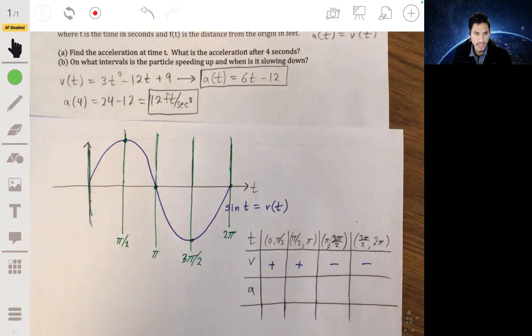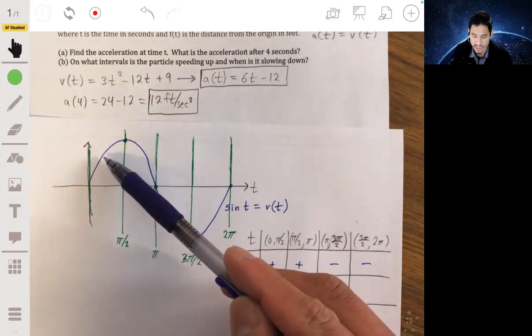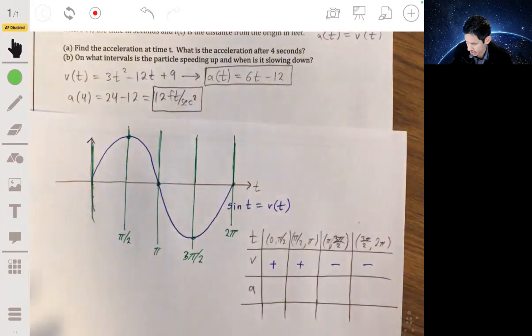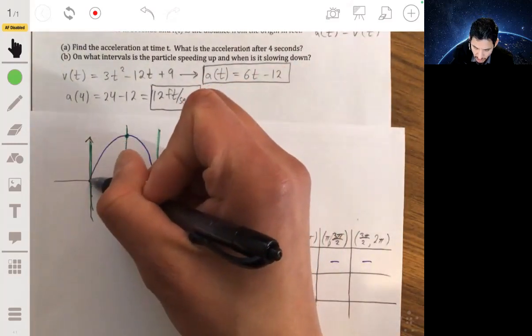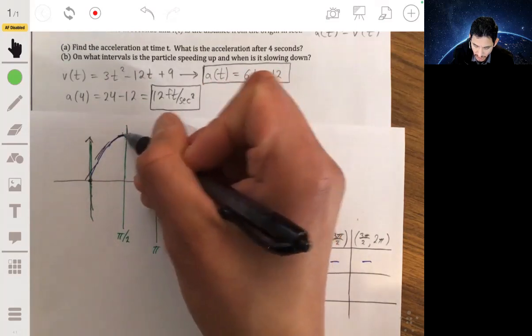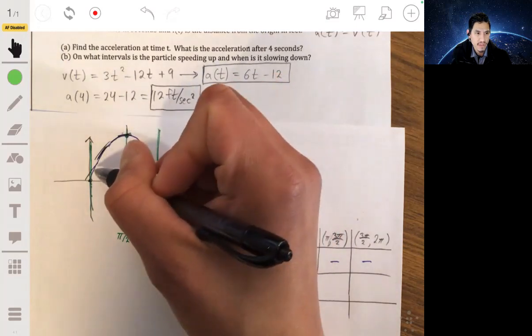Now, what about acceleration? Let's remember, acceleration is the derivative of velocity. So acceleration is basically the sign of the tangent lines of this graph. If we were to make some tangent lines from here to here, at any point up to pi over 2, these tangent lines have positive slopes.